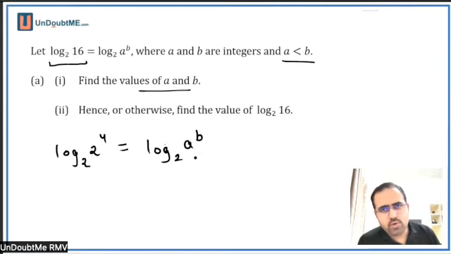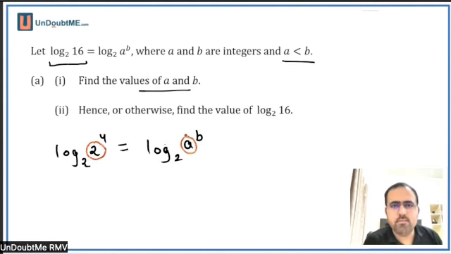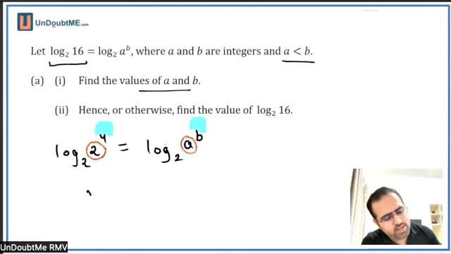If you have very good observation, you need not solve anything because the answer is a is equal to 2 by observation and b is equal to 4. So you can directly write after this step only. And why can I do that? Because they are equal. If they are mathematically equal, it is only possible when the value of a is 2 and the value of b is 4.